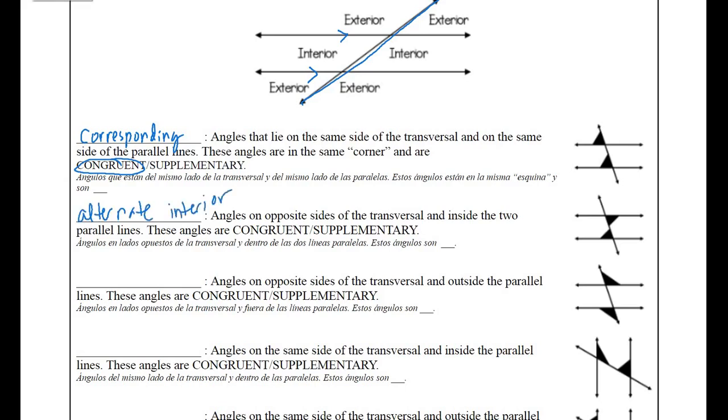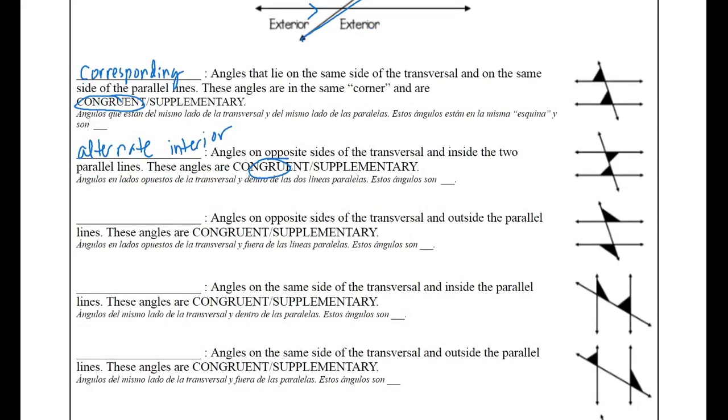We are interior to our parallel lines and on either side of the transversal. These angles are also congruent. Next, again, we're on either side of the transversal, so we are alternate. But this time our angles are exterior to the parallel lines, and we call these alternate exterior. Again, these angles are congruent.